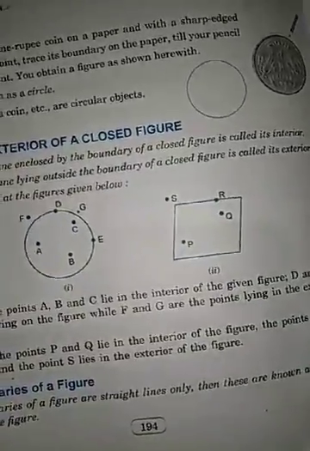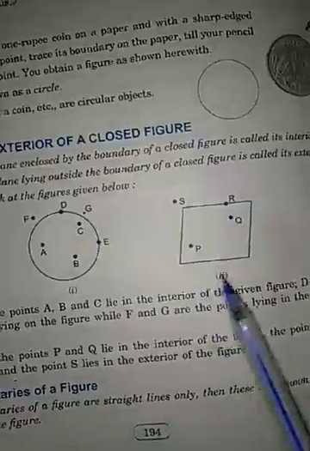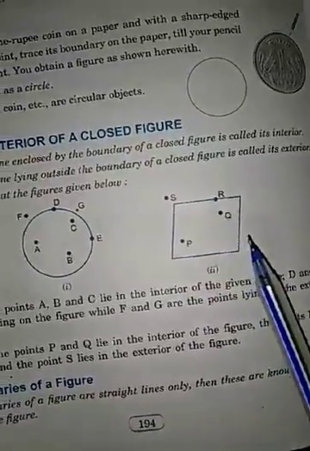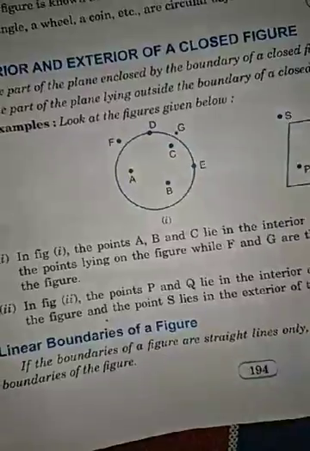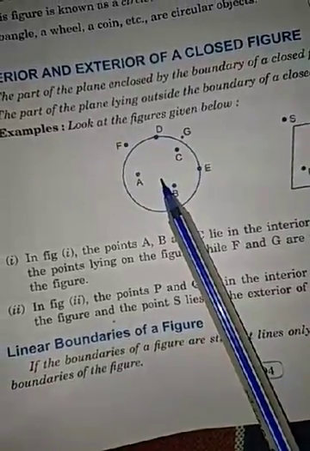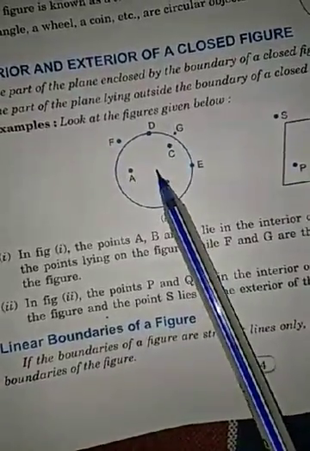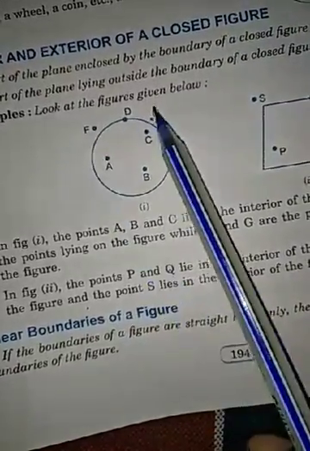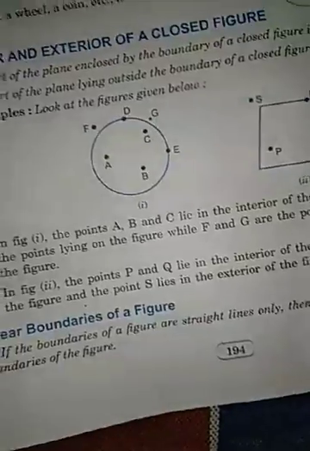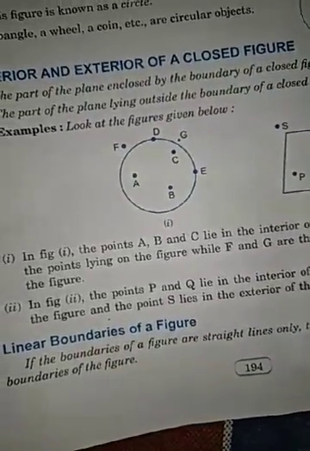Interior of a closed figure. The part of the plane enclosed by the boundary of a closed figure is called its interior. The part of the plane lying outside the boundary of a closed figure is called its exterior. For example, points A, B, and C lie in the interior of the circle, while F and G lie in the exterior of the circle.